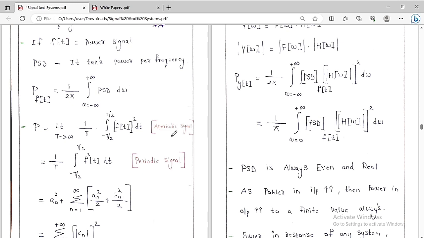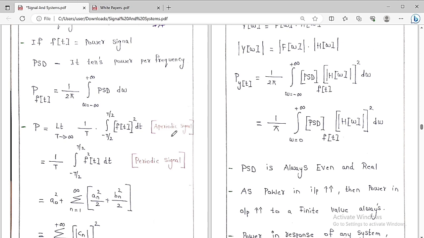So always remember, if f of t is an energy signal, then ESD tells you the amount of energy present per frequency. If f of t is a power signal, then PSD tells you the amount of power present per frequency.